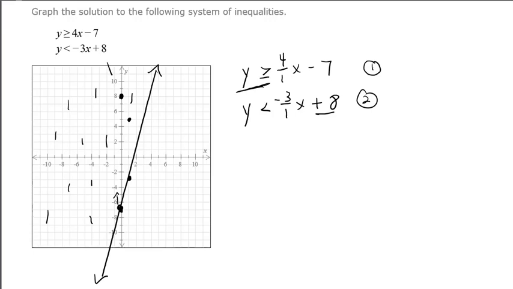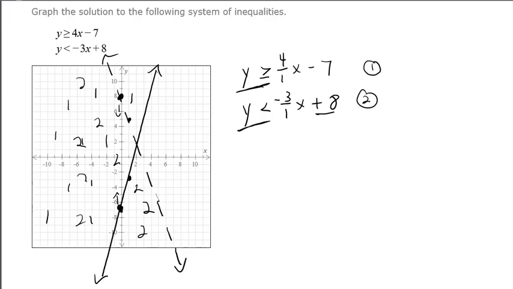So I use a broken line or a dashed line to indicate that the points are not a part of the solution. Okay, now I'll indicate where I would shade. I read from my variable, y is less than, so I come to my y-intercept. The values that are less than are below, so I would be shading below this line.